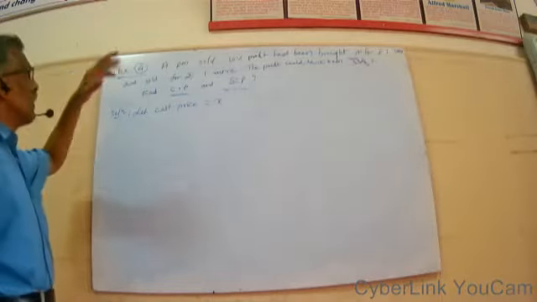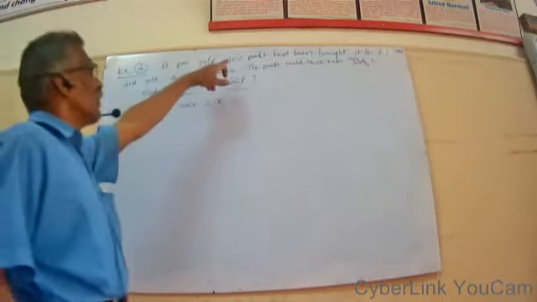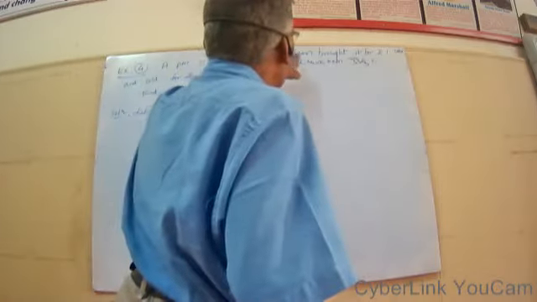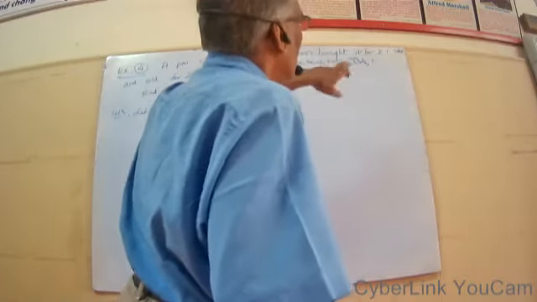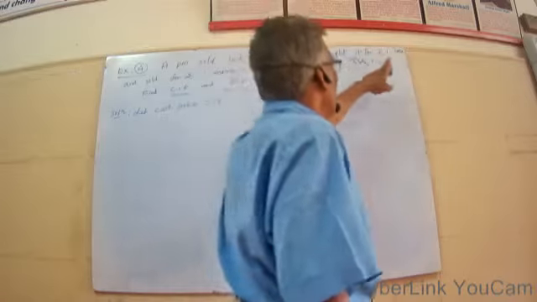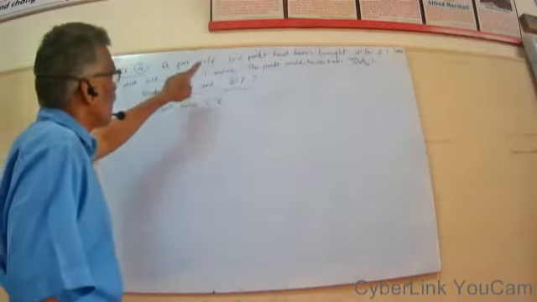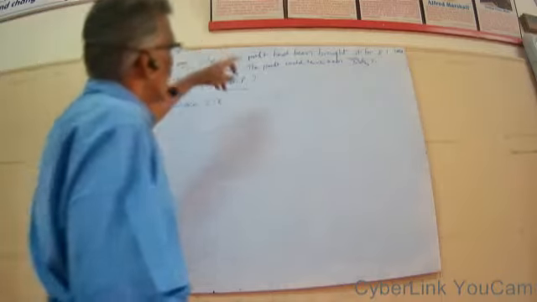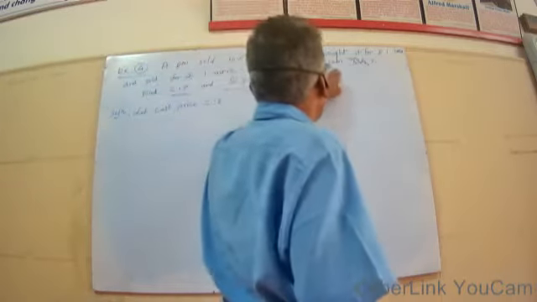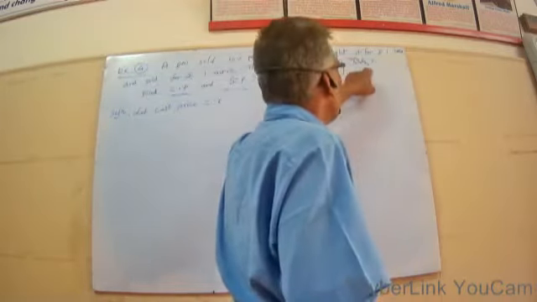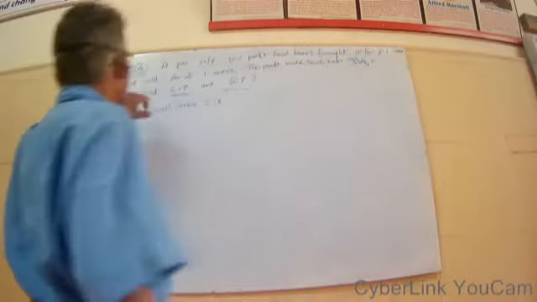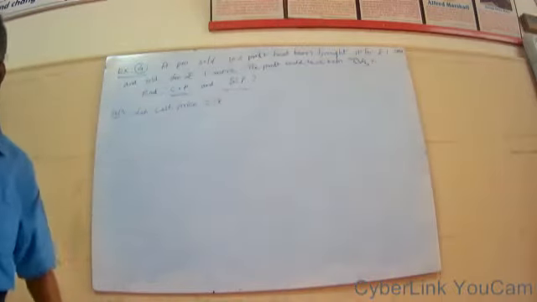The fourth problem is like this: a pen sold at 10% profit. Had it been bought for rupee 1 less and sold for rupee 1 more, the profit would have been 33 1/3%. Find the cost price and selling price.